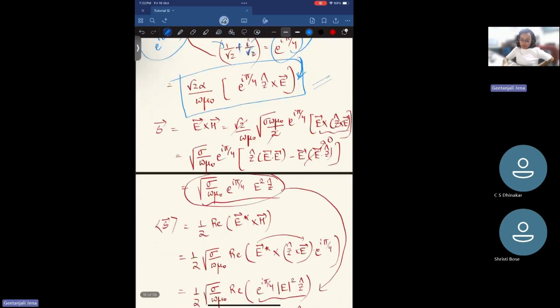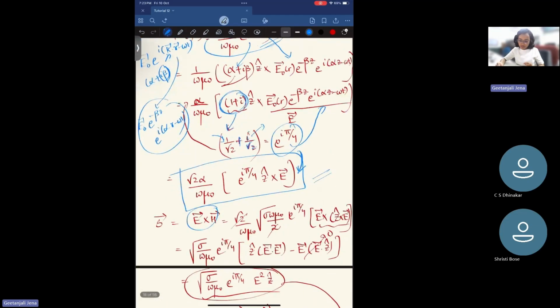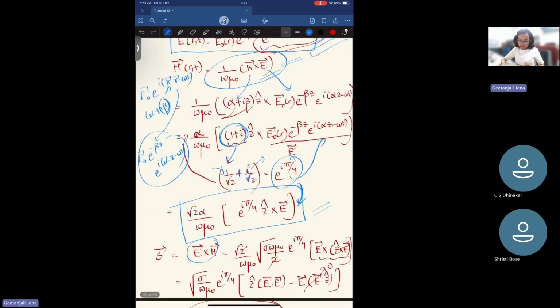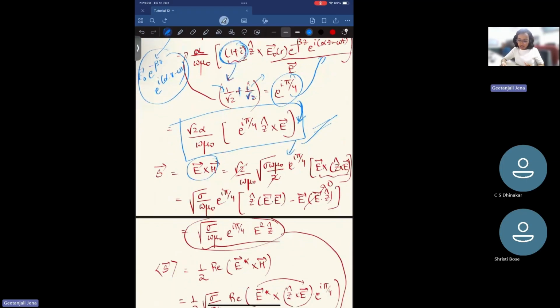Okay. After that, the Poynting vector is nothing but E cross H. E we have taken, and H we have calculated, so I have just put it here.